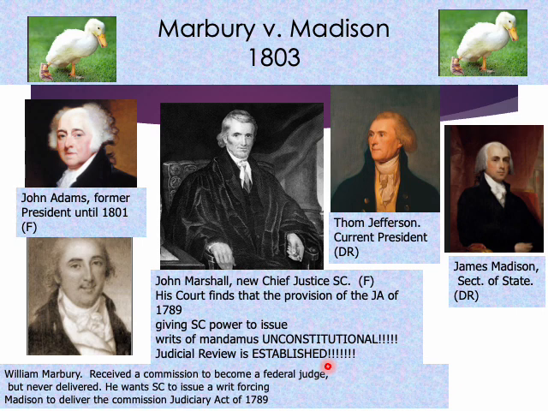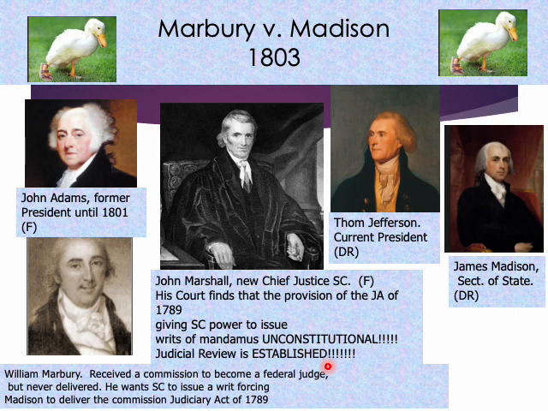Why? Because that Judiciary Act 1789 provision that gives power to the Supreme Court to issue writs of mandamus is unconstitutional. It basically expands the power and authority of the Supreme Court, and that's not within the authority of Congress to do.